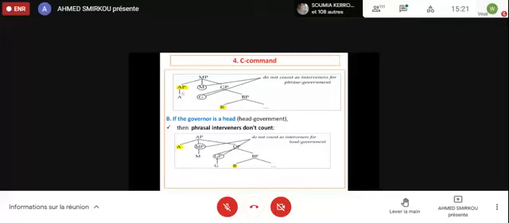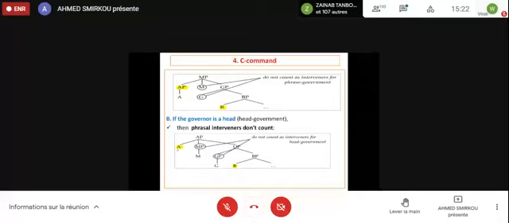Here, we're talking about an example in which a phrase governs the lexical category. I'm talking about if the governor is a phrase, the intervener must be a phrase to stop the government. Forget about the governee; pay attention only to the governor. The governor can be a phrase or a head, a lexical category.